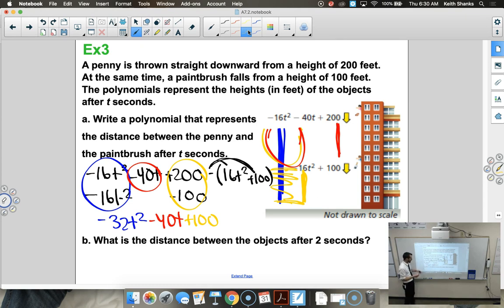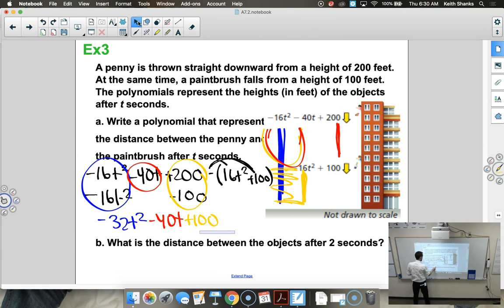One more time, it says, what is the distance between the objects after 2 seconds? So what they ask you to do next is plug 2 in for t into this equation. So if I take this equation, take this guy and get my 100 there.